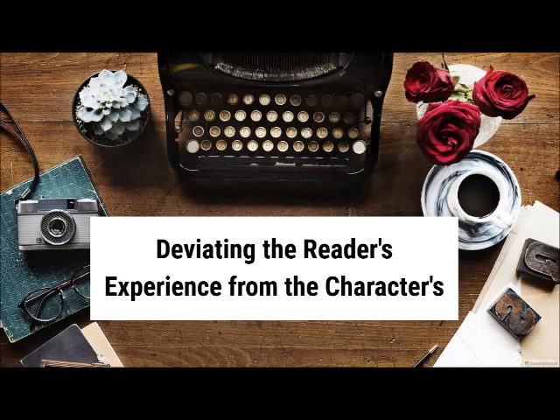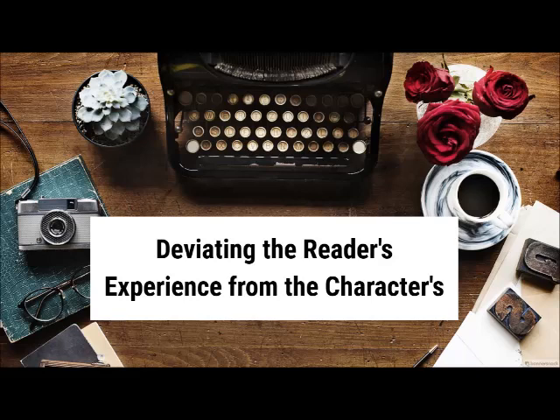Tone can make the way the scene is told different than the way the character experiences it. Summary almost always creates distance from the emotions and intellectual experiences of the character. Telling the audience about what happened with the character is less powerful than showing it, right? So when you're using summary, there is going to be some level of deviation.